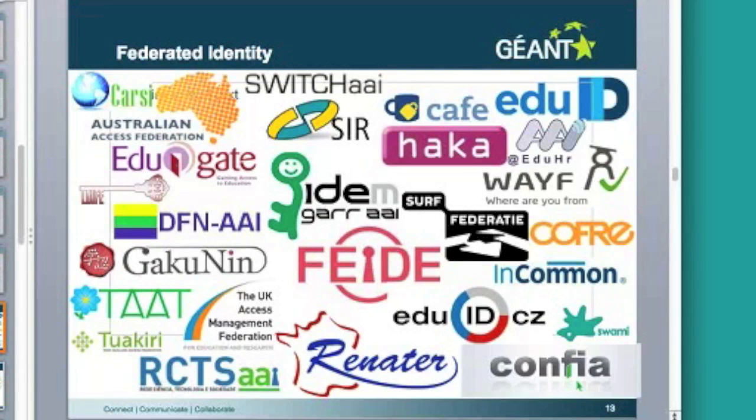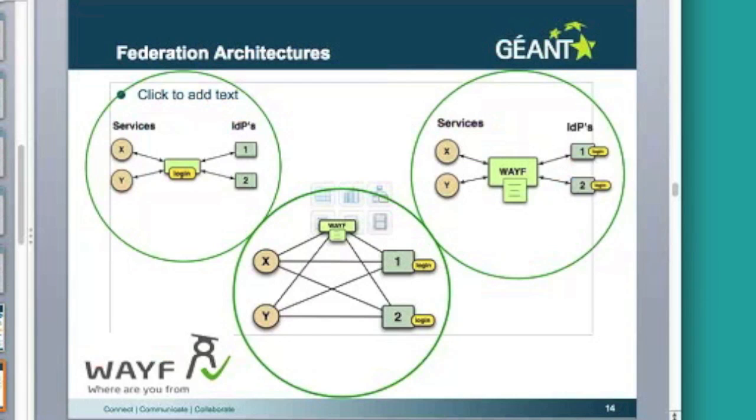Now, for federated identity, we use different architectures for how they're coordinated. These are the three models that are used within our environment. On the left, you'll see that the login is at the center of the federation, and we connect up identity providers on one side, service providers on the other.